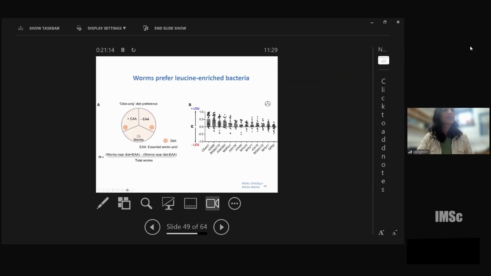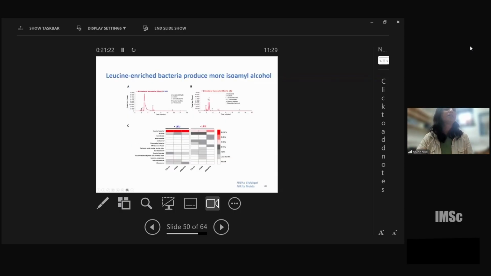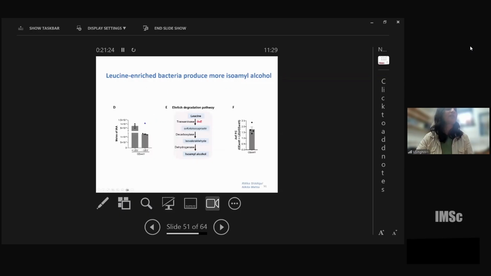So maybe worms want more leucine, so they want those bacteria which produce isoamyl alcohol, because isoamyl alcohol is coming from leucine. So Ritika was able to figure out the pathway which these bacteria use to make isoamyl alcohol from leucine, and she was able to perturb this pathway to show that yes, this is the pathway that these bacteria use to make isoamyl alcohol.